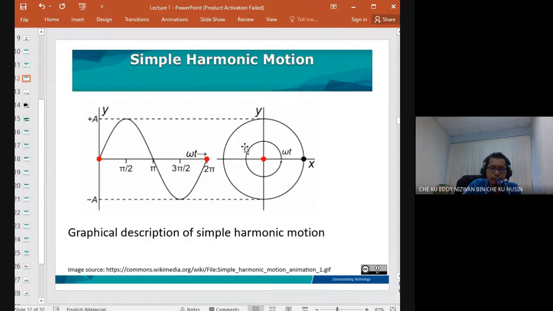This one has an animation. Just look at the red dot. The motion goes up and down. So this is how we measure it. Actually it's about the angle, and the angle is equal to omega t.